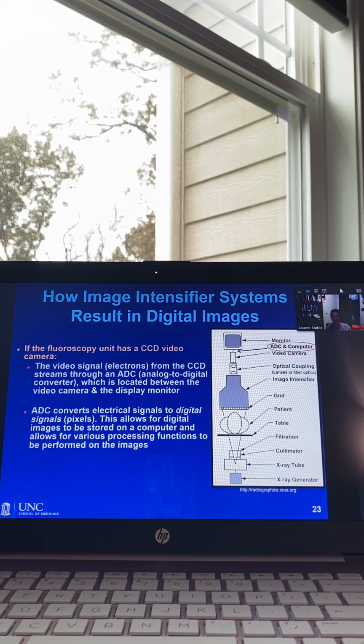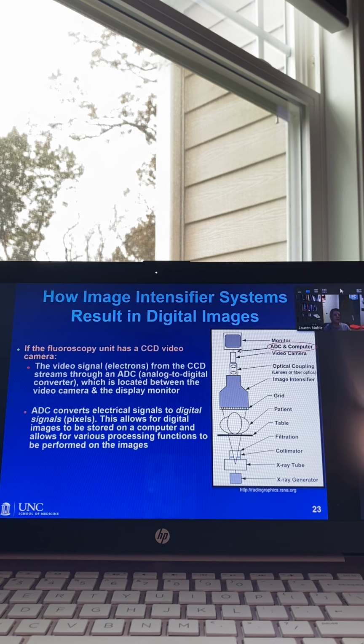That analog to digital converter is located between the video camera and the display monitor. In other words, it's hooked up to a computer, so those images can be permanently stored. Not only can we create those digital images and store them on the computer, the images are also sent to the monitor so that you can see what those images are during the fluoro study.